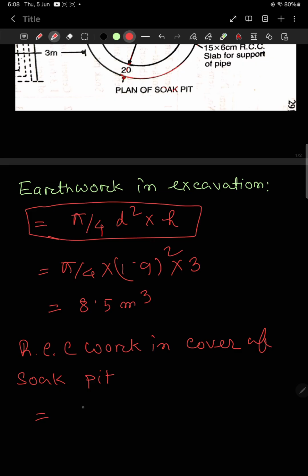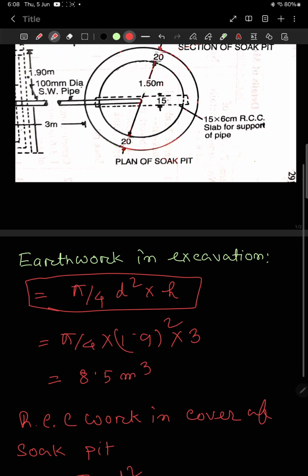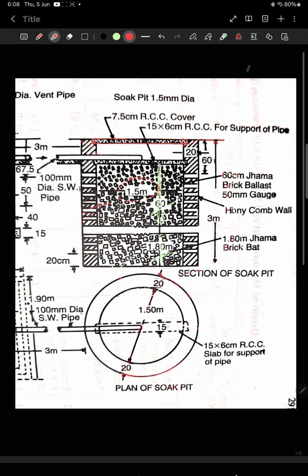So the area of the RCC slab will be pi by 4 d square, but we need volume, as the unit of measurement of RCC is meter cube. So it is going to be placed over this circular portion.